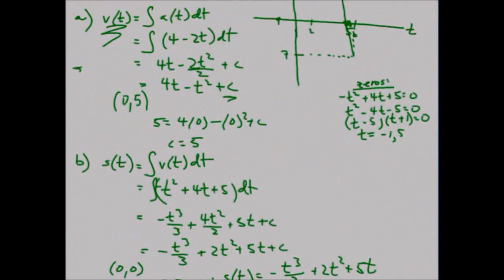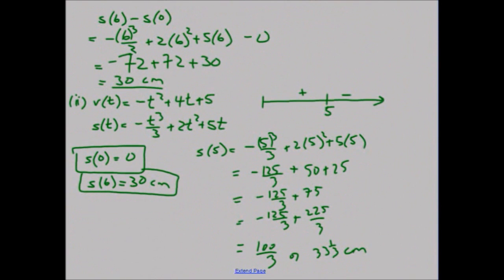So motion diagram, we need to include all these places on here. We start at 0. We've got 30, and we've got 33 1/3. And this occurs at time 0, so that's our first place. This occurs at 5, so we go directly to there, and then this occurs at 6.